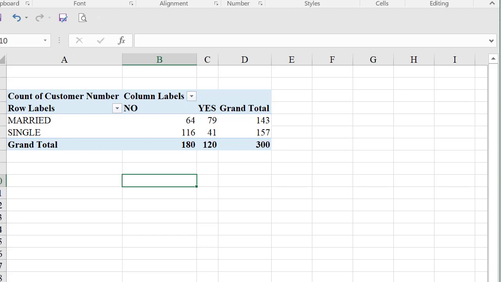If we go back to this table, what's the probability that there's no default and they're married? No default and they're single, default and married, default and single. Those are your joint probabilities.